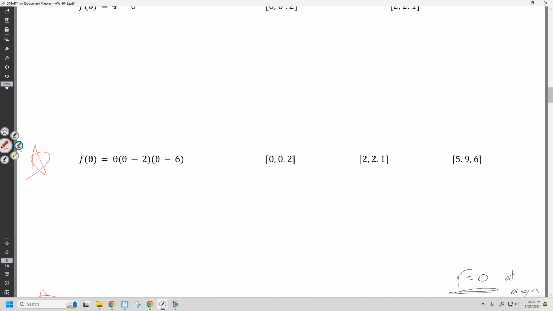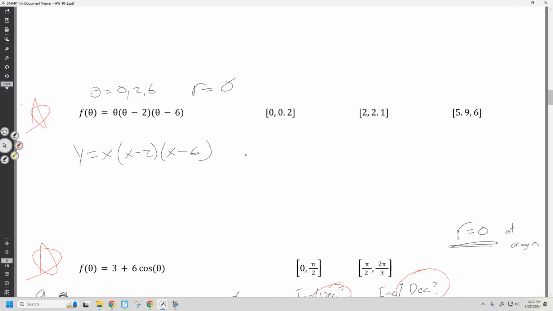Sometimes we go back to our knowledge of theta equals 0, 2, and 6. When our angles are 0, 2, and 6, our radiuses will be 0, so those are very important values.